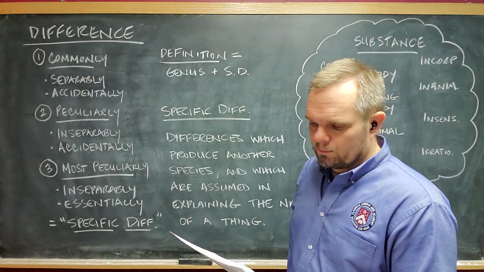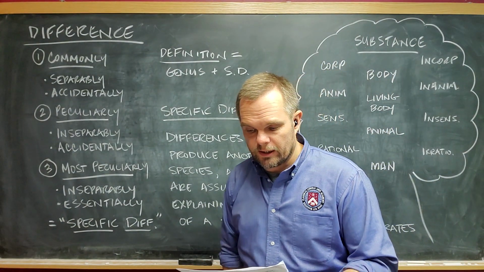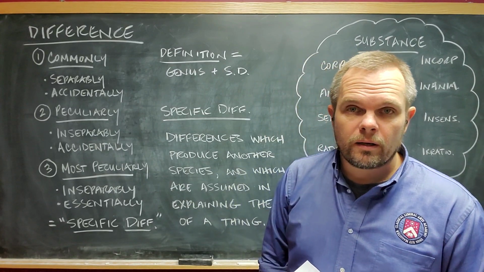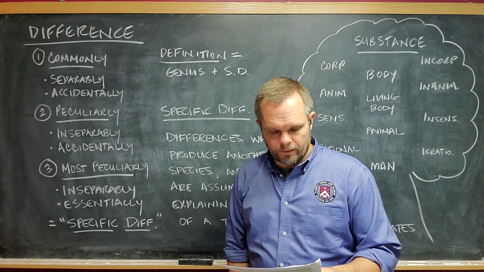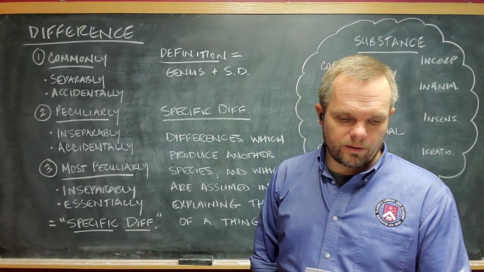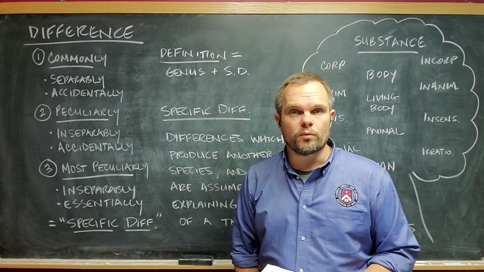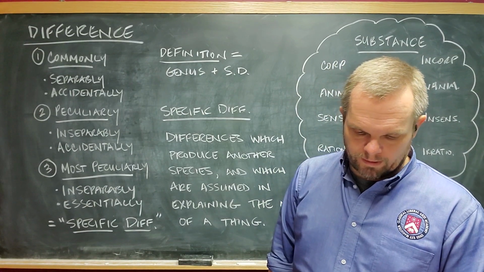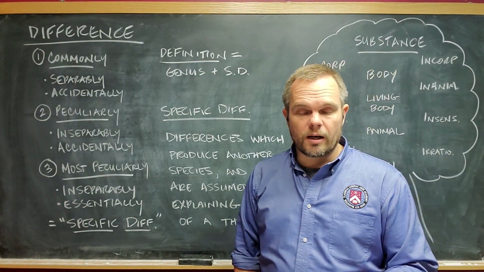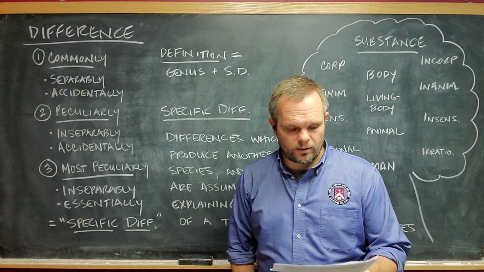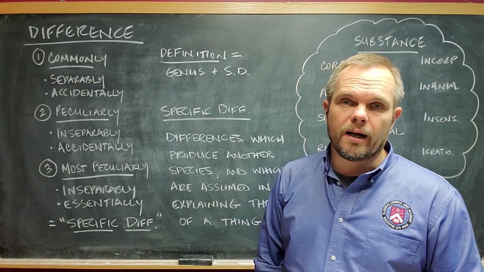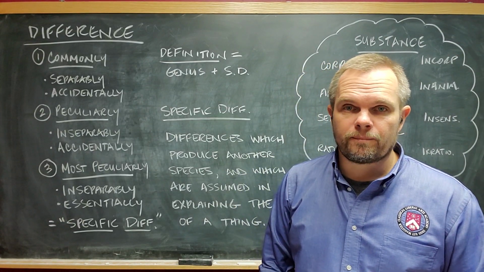Let's look at what Porphyry has to say. An inseparable accident is such as the blue color of one's eye, the crookedness of one's nose, or a scar from a wound when it hardens. And he gives an example. Socrates has blue eyes. Plato does not have blue eyes.